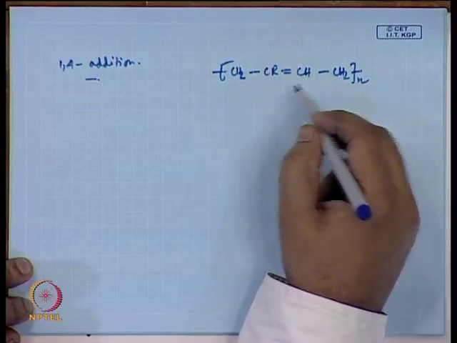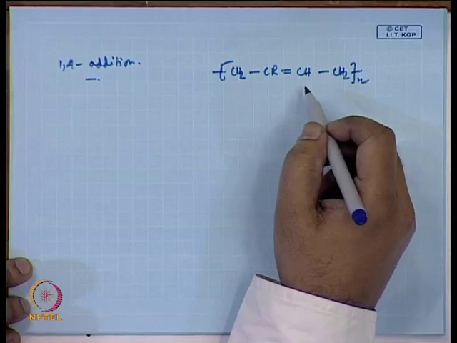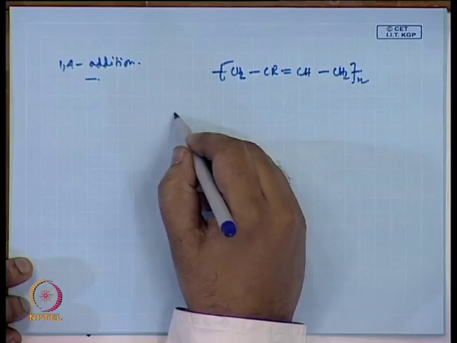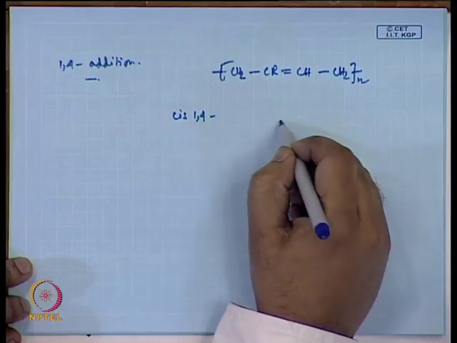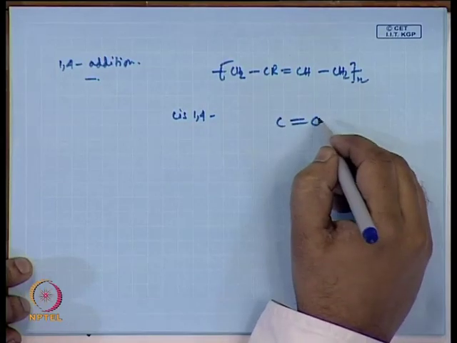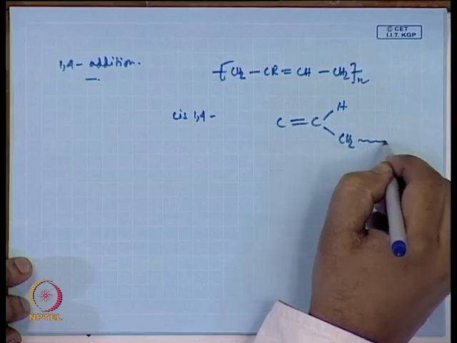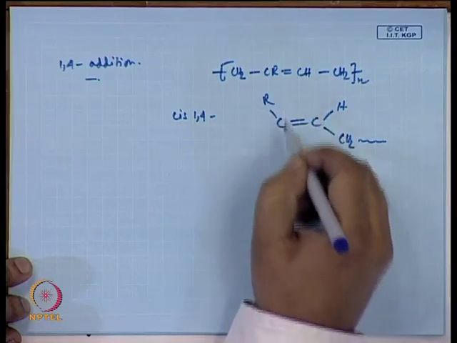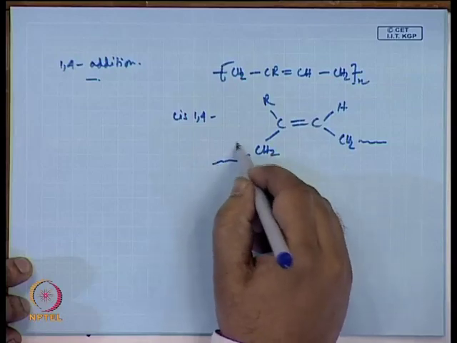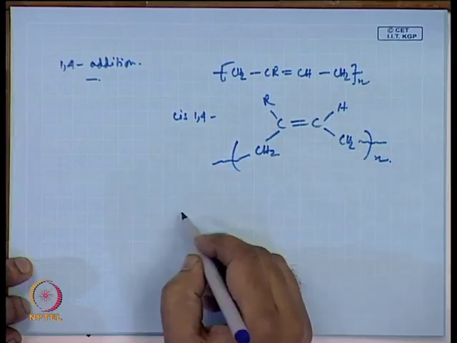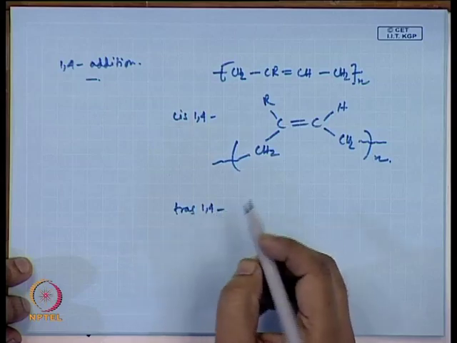Now, in this polymer, every monomer unit can stay as a cis 1,4 polymer, which we can write like this. They can have a trans arrangement as well.